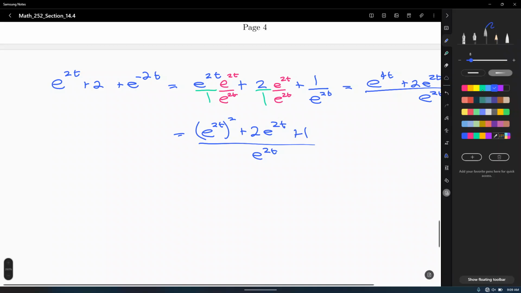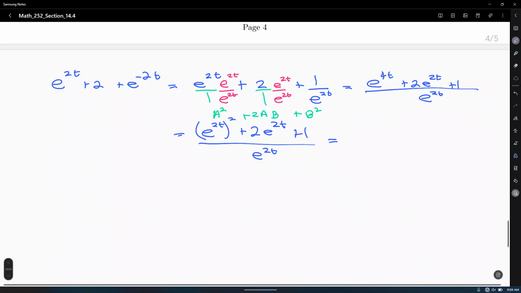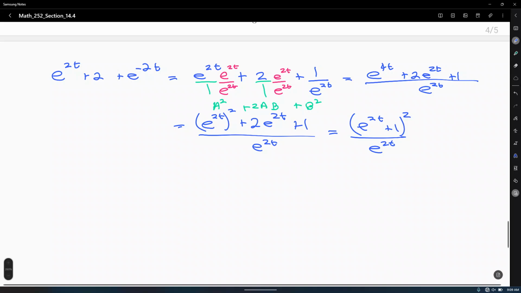So in this case, we have maybe an easier to visualize version of the quadratic form of the perfect square trinomial, a squared plus 2ab plus b squared. So this could be e to the 2t plus 1 squared over e to the 2t.